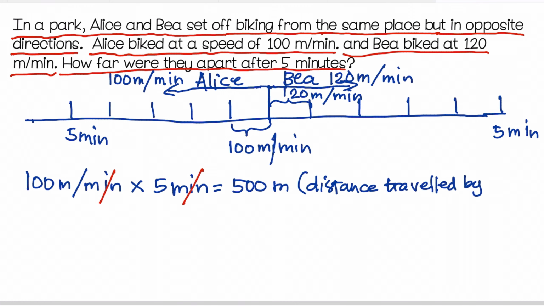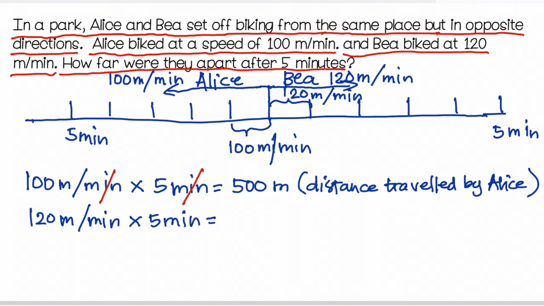Now let's proceed to Bea. For Bea, 120 meters per minute times 5 minutes equals 120 times 5, which is 600 meters, because again we cancel the minute.